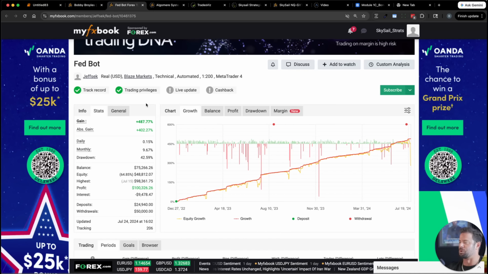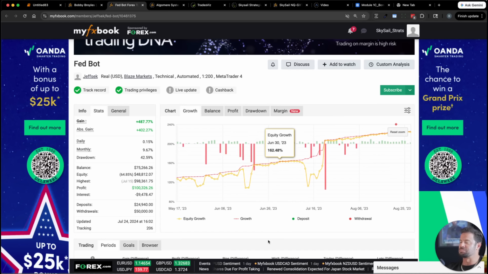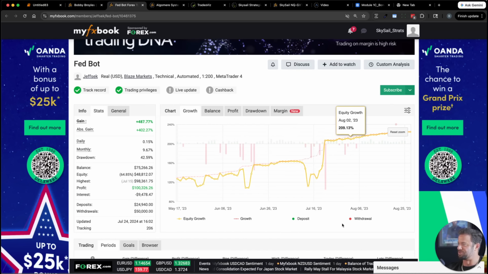It's a very popular publishing site that's public, and people can publish the results, right? MyFXBook does usually give you the equity curve and the balance curve, which is what they're calling growth. And if we zoom in, we can see quite a bit of divergence going on in very serious ways over extended periods of time.